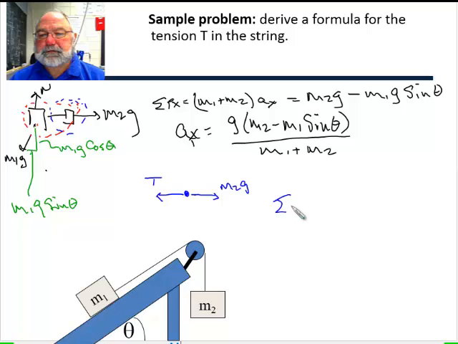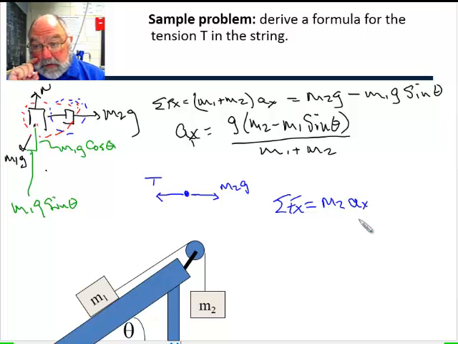Okay, sum our forces, and that's equal to the mass of the box, which is m2, times the acceleration. I'm just going to put in a placeholder variable for the acceleration, and that's equal to the forces acting on it.